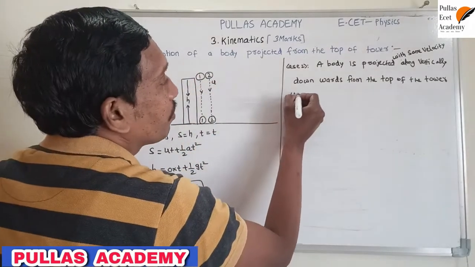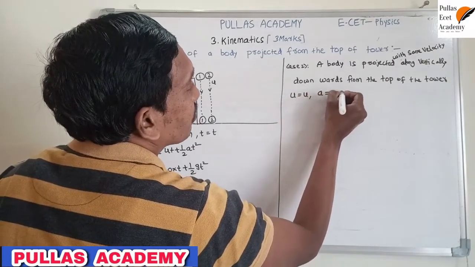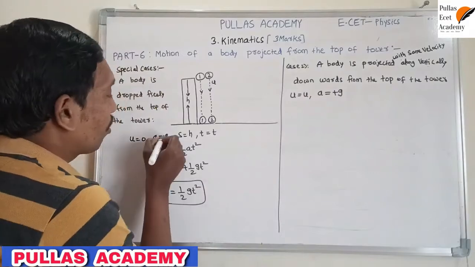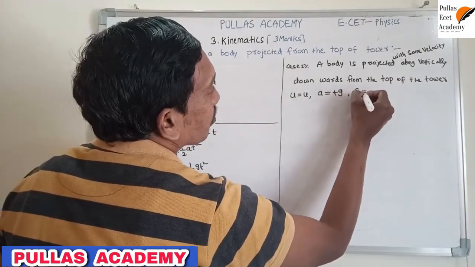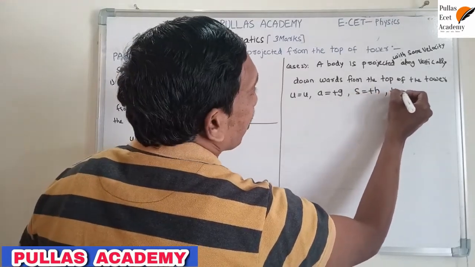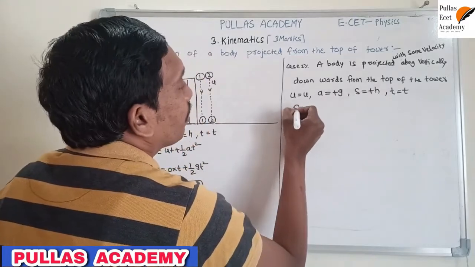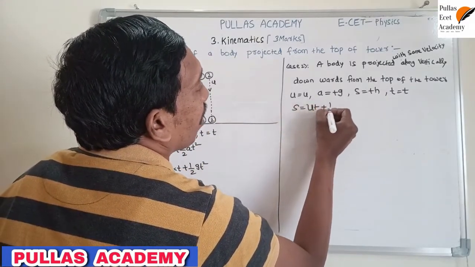In this case its initial velocity is not 0. In this case u is equal to u. It is moving downwards, that's why a is equal to plus g. Displacement is also downwards, that's why s is equal to h. The time taken I consider again t. Then we use the second kinematic equation, s is equal to ut plus half at square.